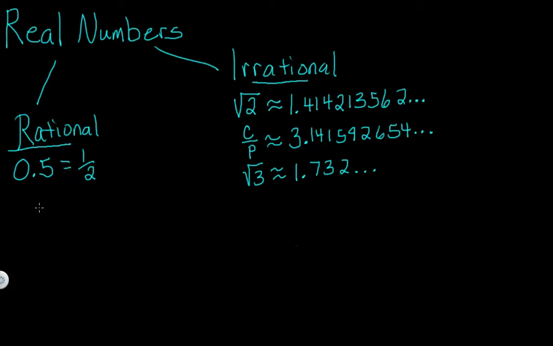So rational numbers, we can further divide them into groups. The first group we can deal with are known as integers. And the integers are the numbers from negative infinity to positive infinity, including 0, but not including decimals. So these are numbers like -4, -3, -2, -1, 0, 1, 2, 3, and so on and so forth.